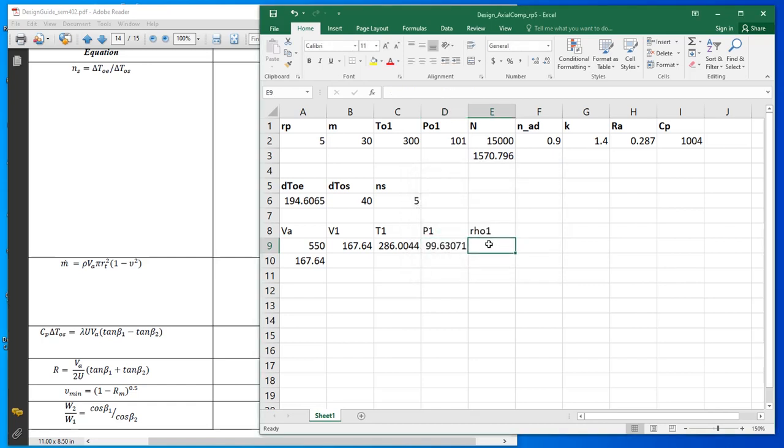So rho is equal to P_1 divided by R A into T_1.